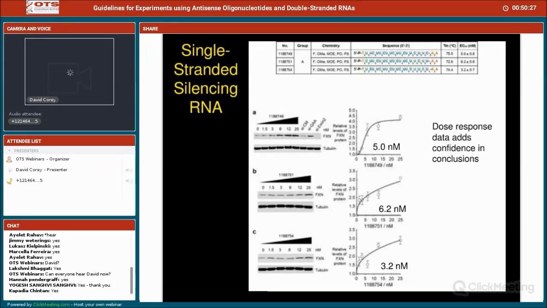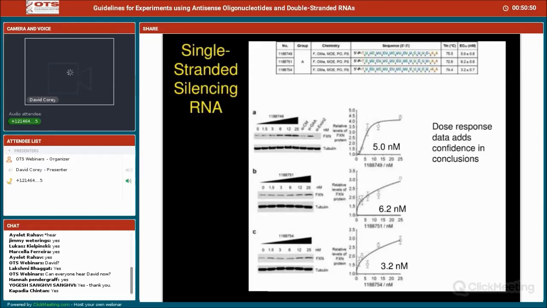But another very important point for the discussion that we're having today is that a dose-response profile is more evidence for the robustness of the approach, that you are trying several different concentrations, and you are finding out that some concentrations are too low to work, and that several other concentrations produce a maximal effect.